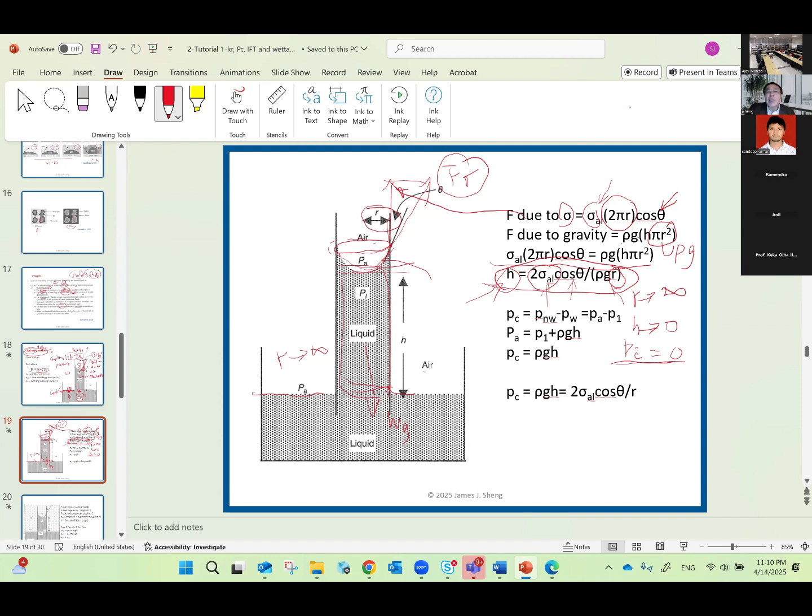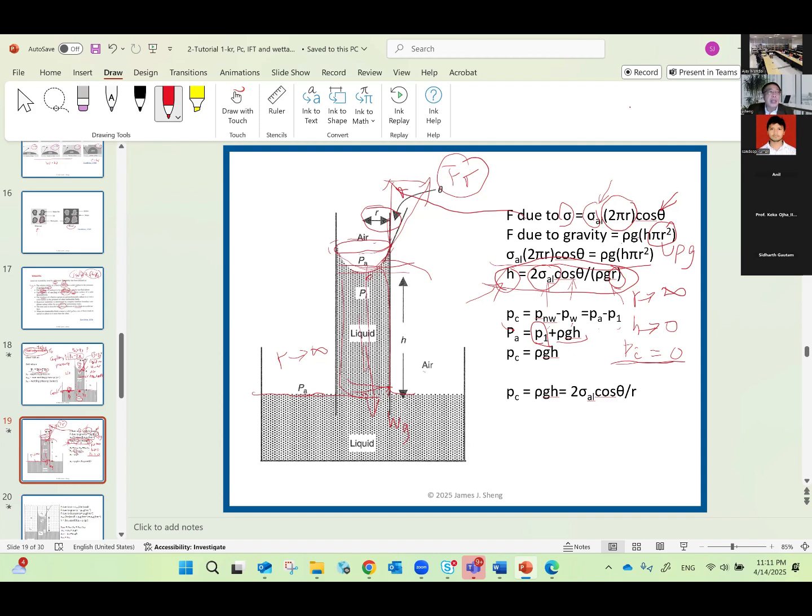So let's further look at this. Let's go back to the PC definition. PC is the non-wetting phase pressure minus the wetting phase pressure. In this example, the non-wetting phase is air minus liquid. And then what about PA? PA should be P liquid plus rho g H, right?